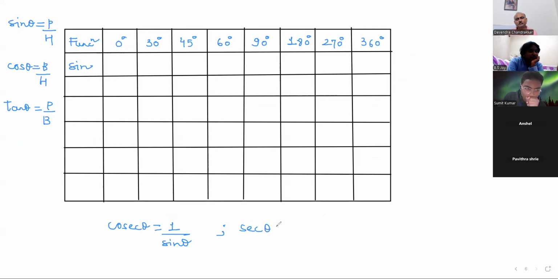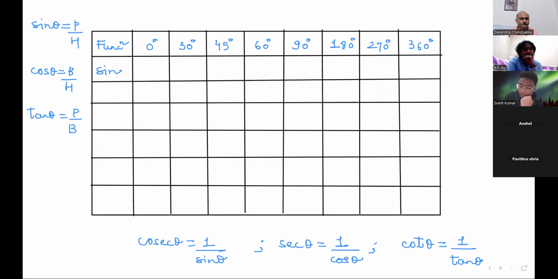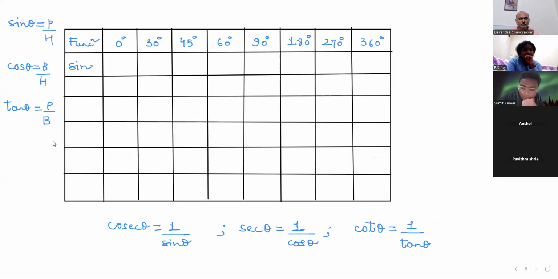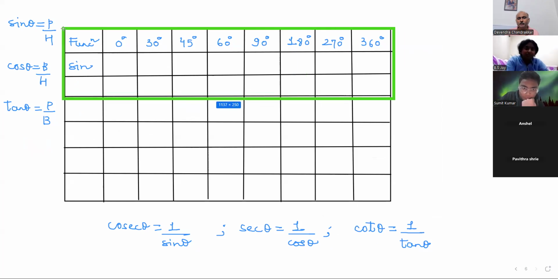Sec theta is 1 upon cos theta. And cot theta is nothing but 1 upon tan theta. So your entire focus should be on the first two rows of the table, because if you get it correct, rest will follow.